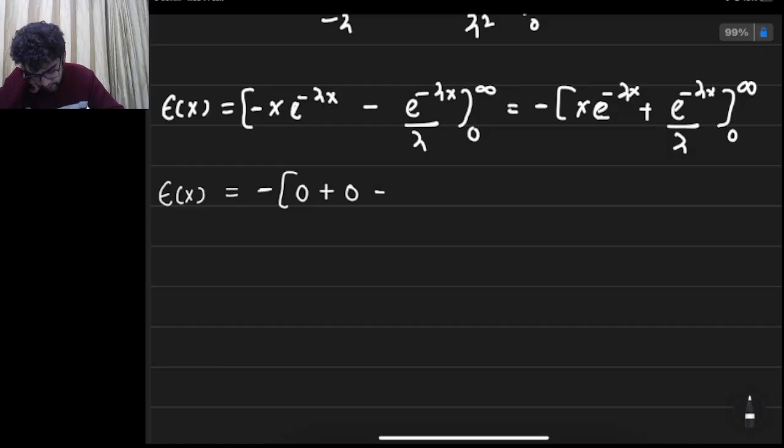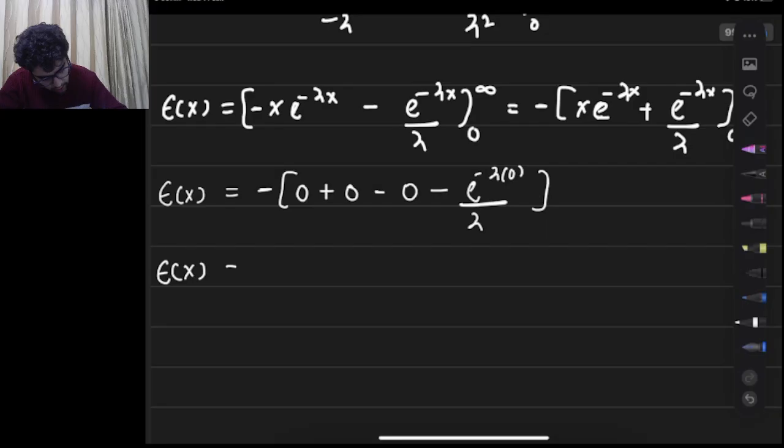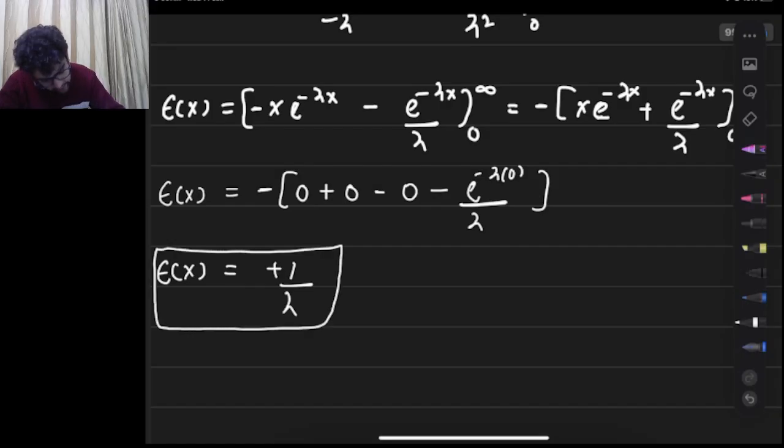And this is negative, so if I substitute 0, this becomes 0, and this gives me positive, this gives me negative e to the power minus lambda into 0 divided by lambda. So ultimately I'm left with the expected value as positive 1 upon lambda. This is my mean. So basically the mean in exponential distribution is the inverse of the rate parameter.